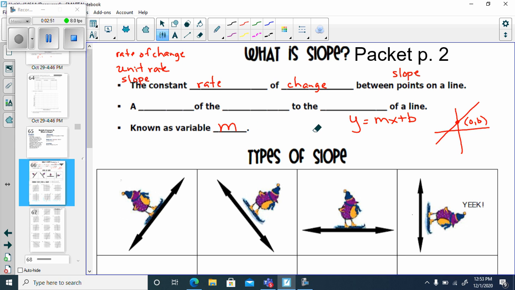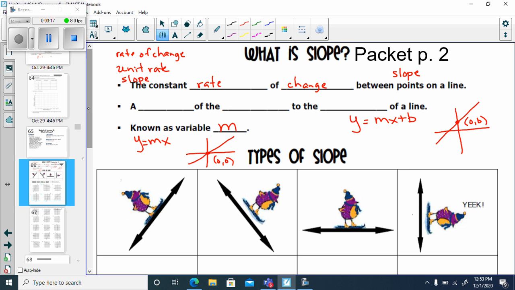What if b is 0? What if we're looking at a straight line that goes through (0, 0)? If your b is 0, then your equation is simply y is equal to mx. In both cases, this m is your slope, your rate of change.